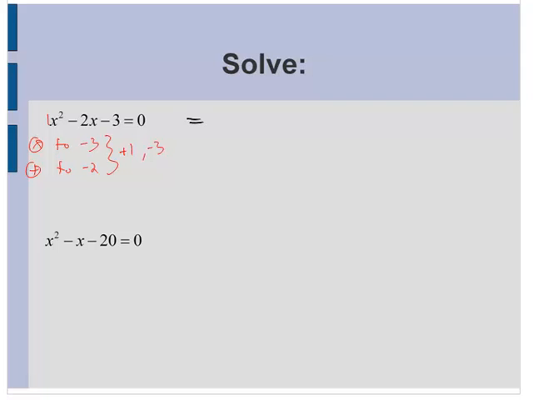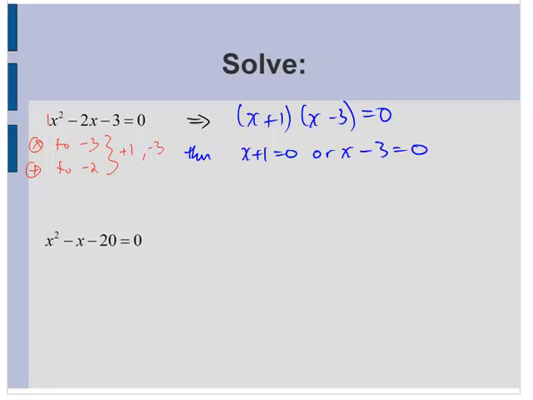So then this can be factored as x plus 1 times x minus 3, and so (x plus 1)(x minus 3) equals 0. Now using our property, x plus 1 is 0, or x minus 3 is 0.